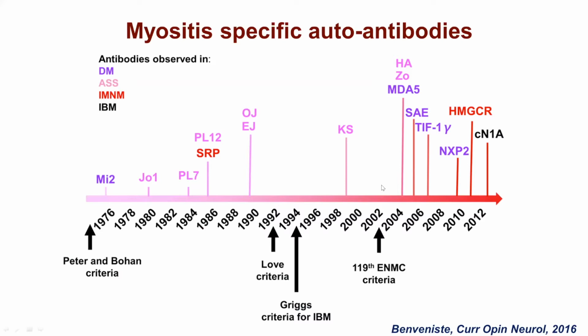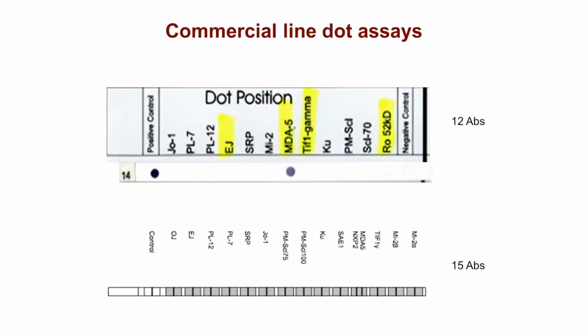The problem was that for decades it was difficult to detect these antibodies, because it was done in research labs with immunoprecipitation, meaning that you had to work for 3 days with radioactivity. It's not very useful or convenient for clinical routine.